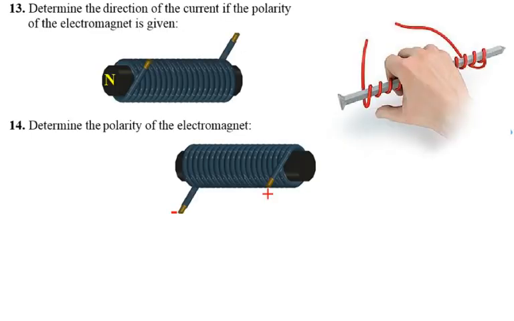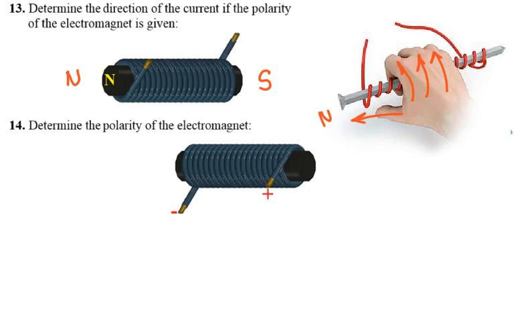In this question, they ask you to determine the direction of the current if the polarity of the electromagnet is given. So they tell you which one is north and which one is south. I see I have north on this side and south on the other side. That means if I wrap my fingers around, my thumb shows north, and the current is in the direction I wrap my fingers.